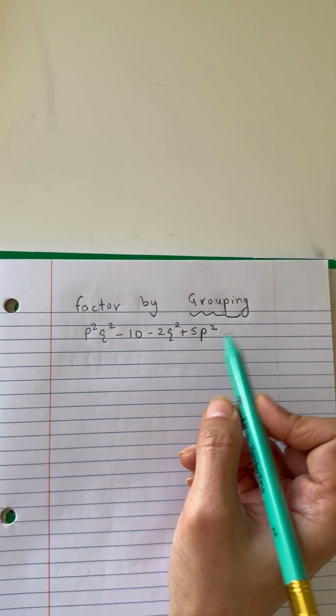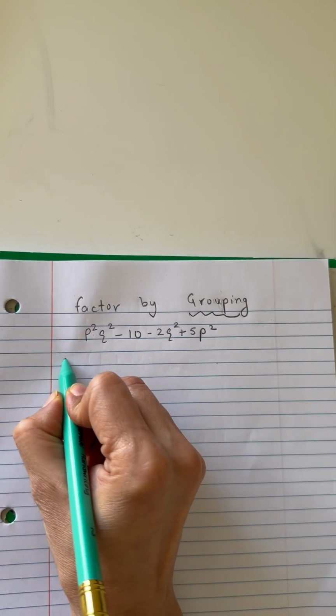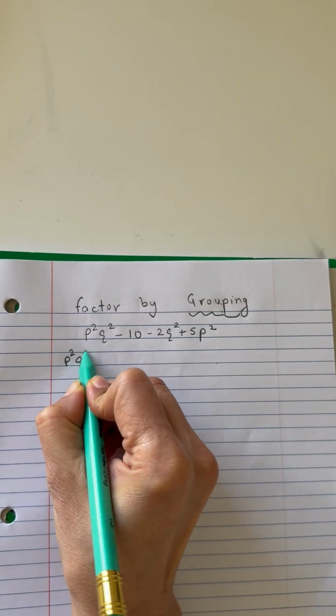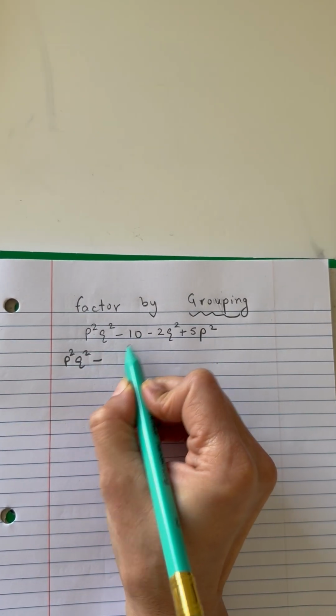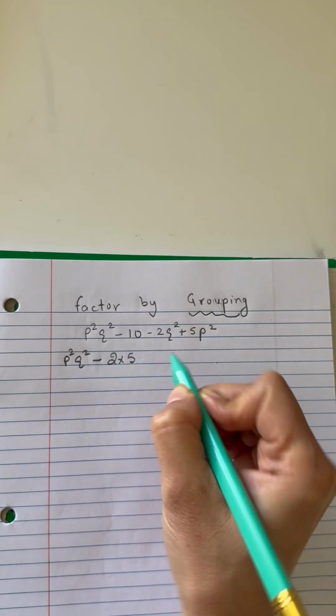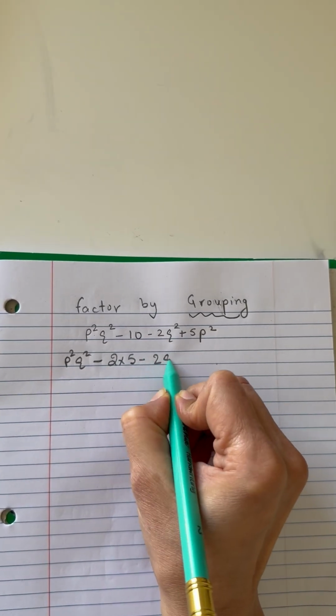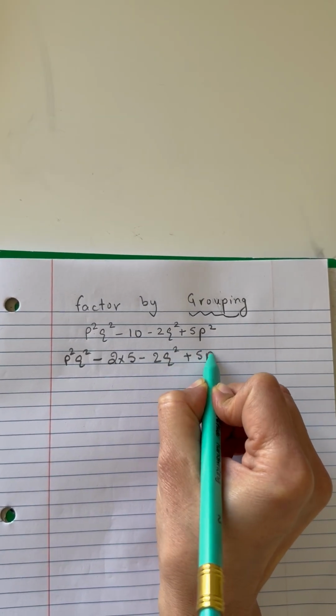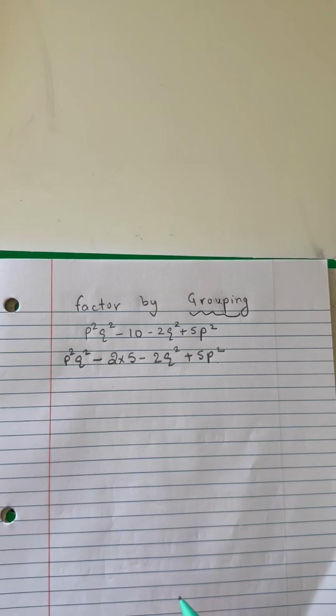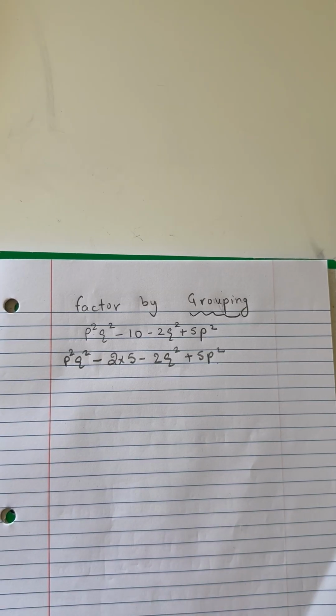I have one more polynomial here, p squared q squared minus 10 minus 2q squared plus 5p squared. So again we are doing it by using the grouping method. So let's break it further. So p squared q squared, I can break 10 as 2 times 5, minus 2q squared plus 5p squared, because I can break them further. So let me see what things are common in which terms.